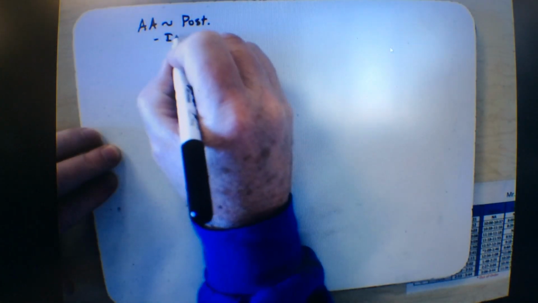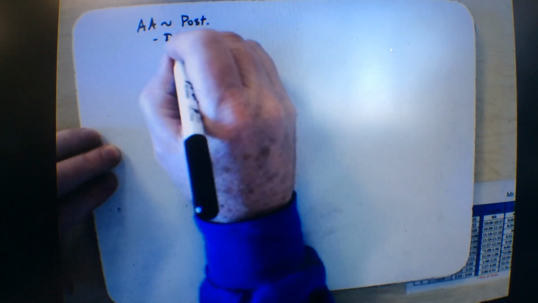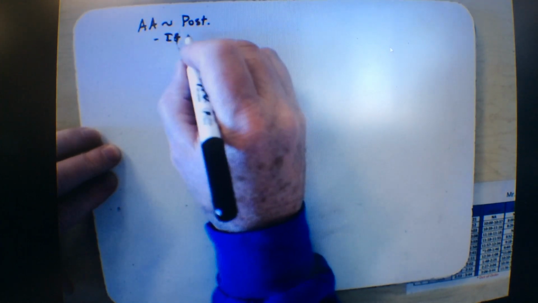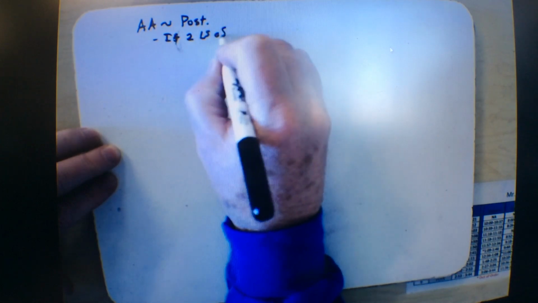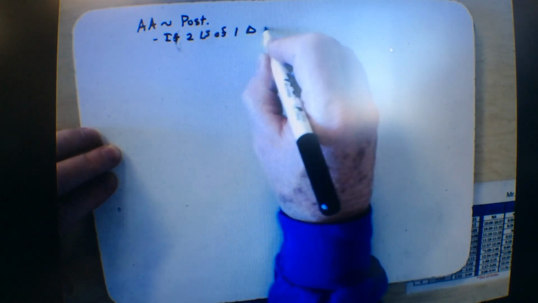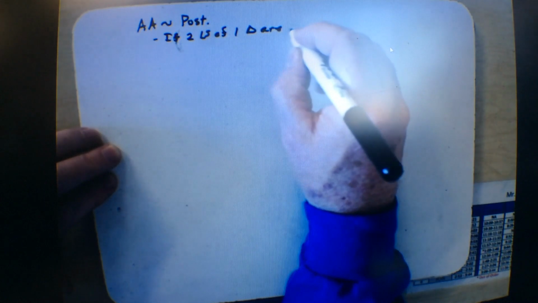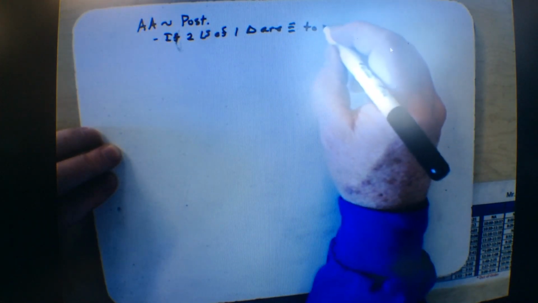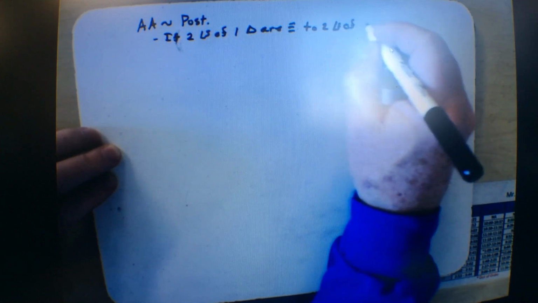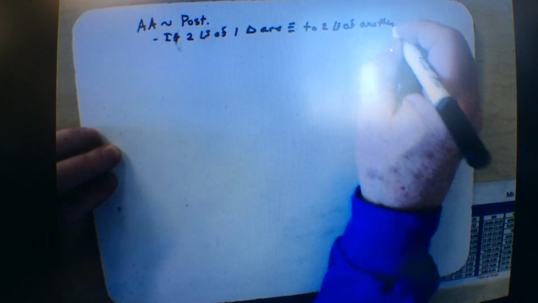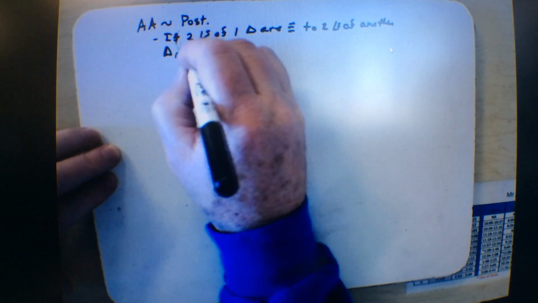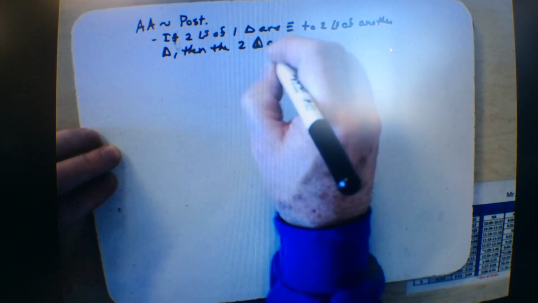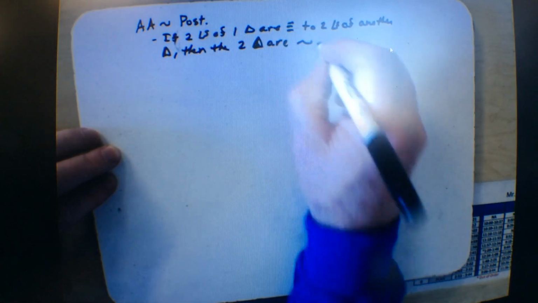and it says if two angles of one triangle are congruent to two angles of another triangle, then the two triangles are similar, okay?